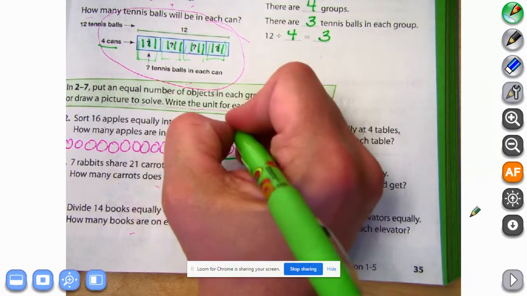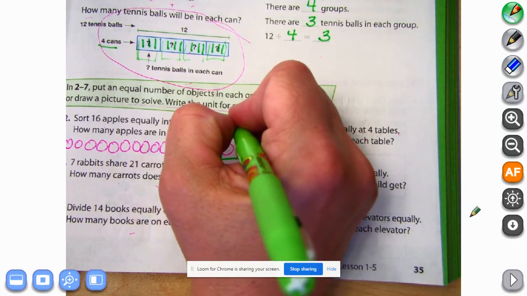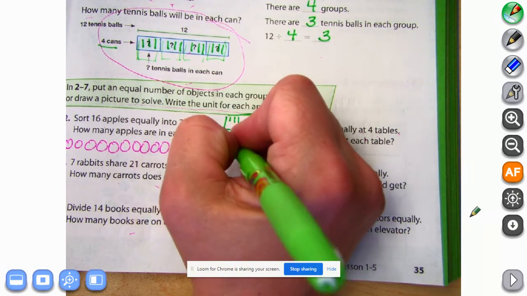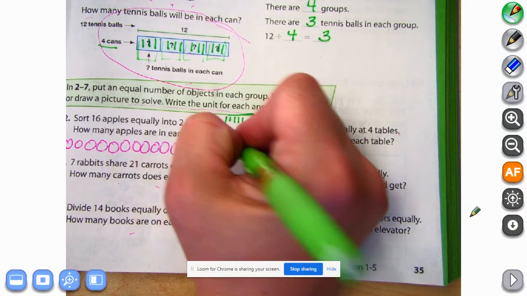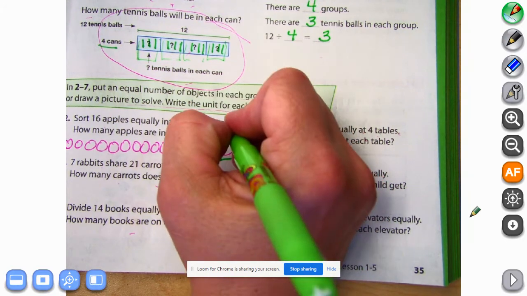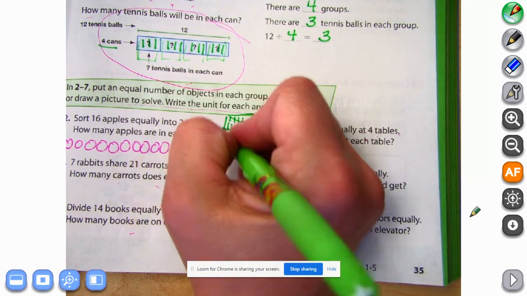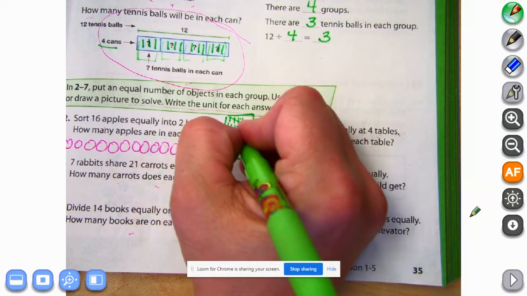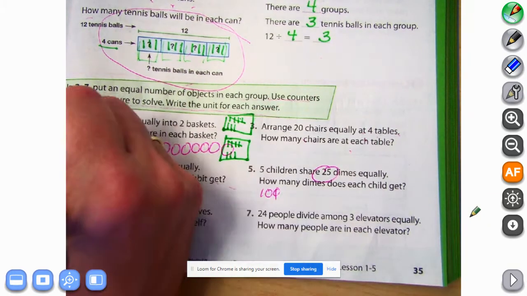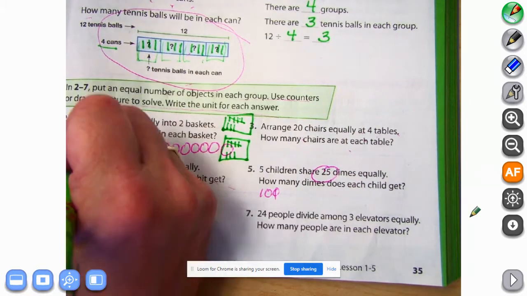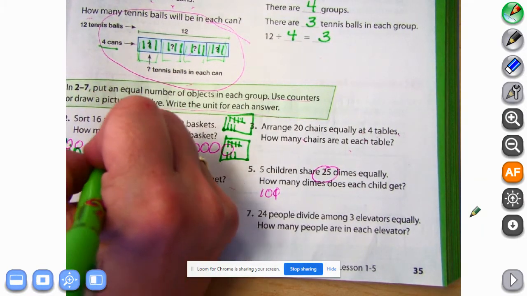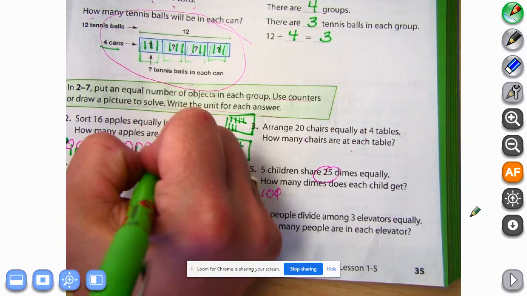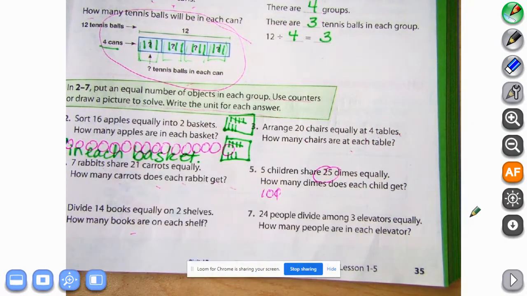There's 16, so I'm going to do 1, 2, 3, 4, 5, 6, 7, 8, 9, 10, 11, 12, 13, 14, 15, 16, 5, 6, 7, 8. There are 8 in each basket. Okay.